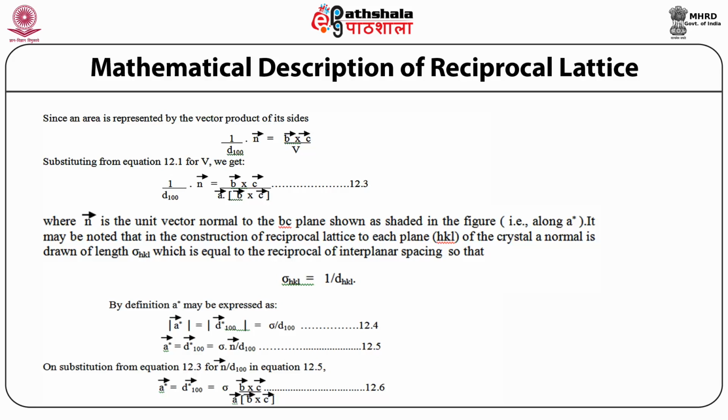a star vector equal to d star 100 vector equal to sigma into n vector upon d100, which is given as equation 12.5. On substitution from equation 12.3 for n upon d100 in equation 12.5, we get a star vector equal to d star 100 vector equal to sigma into b cross c upon a dot b cross c, which is given as equation 12.6.